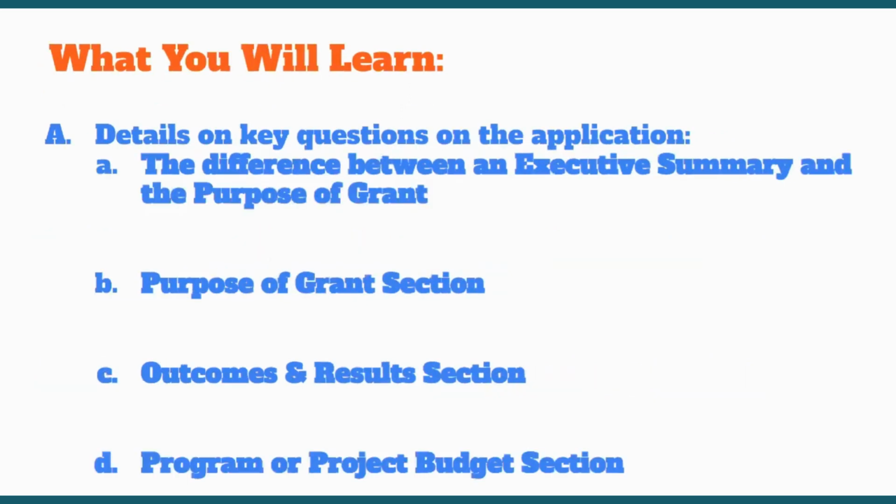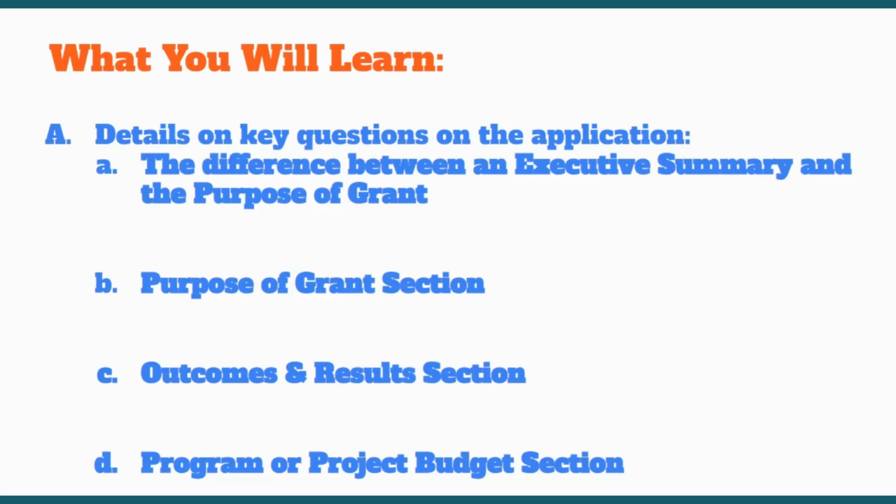Then we're going to go back into the application and drill into some of the sections that our application is broken down into. We'll go over the difference between an executive summary and purpose of grant, because those are 2 questions that people sometimes see as pretty similar, but we see them a little differently.